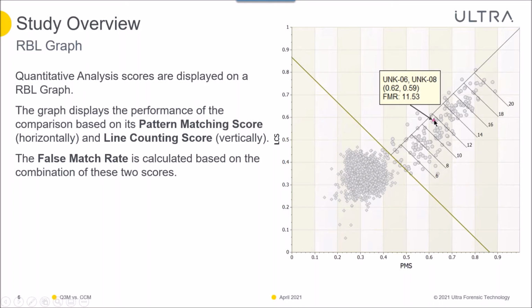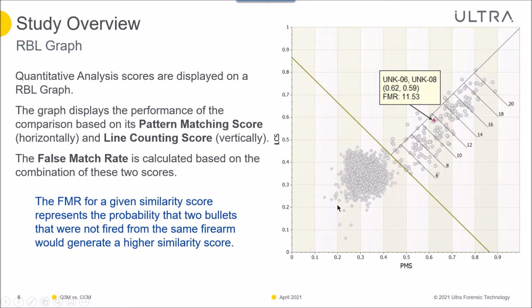That charts out where it ranks within the Rebel graph, and that establishes what the false match rate is. You see a series of numbers here, 6, 8, 10, 12, 14, and beyond. Those are indicators that give you a sense of the positioning. And this one here is just below the 12 with an FMR value of 11.53.